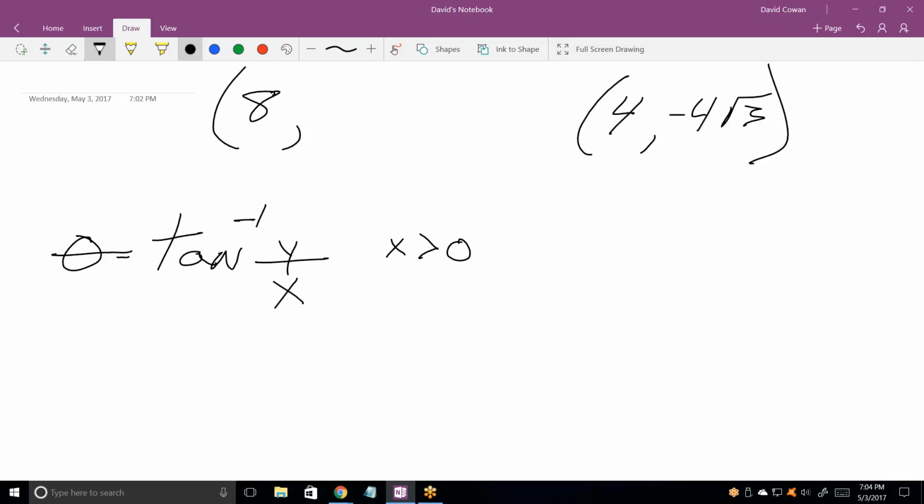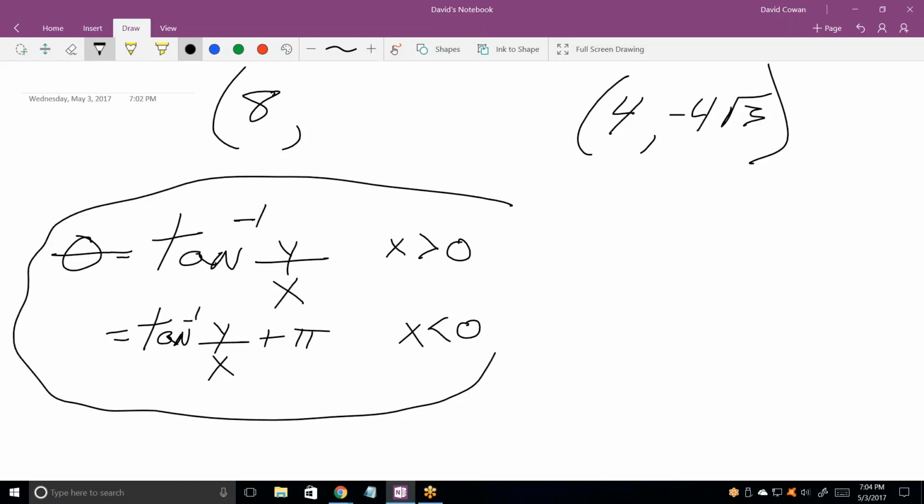If x is less than 0, notice I'm not talking about y over x, I'm talking about x only, then theta is equal to the inverse tan of y over x plus pi. There's your two equations for solving for theta.